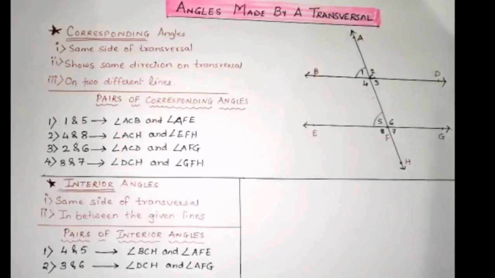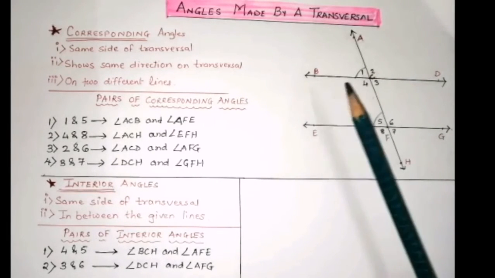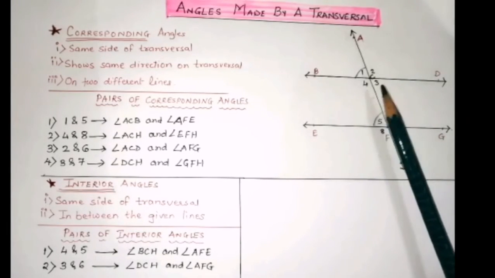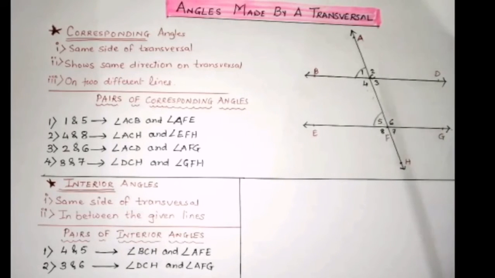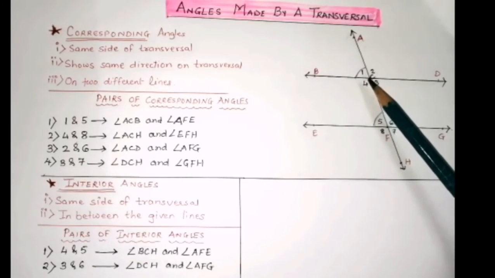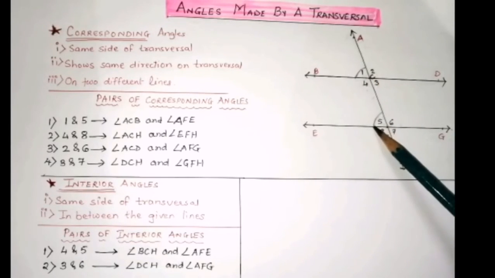Now we will see what are interior angles. Interior angles are on the same side of the transversal, either to the left or to the right, and those are in between two given lines. Those are sandwiched between two lines.